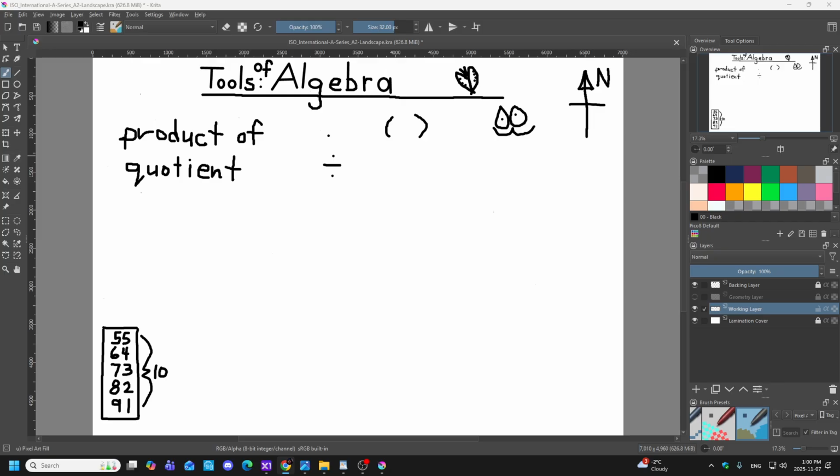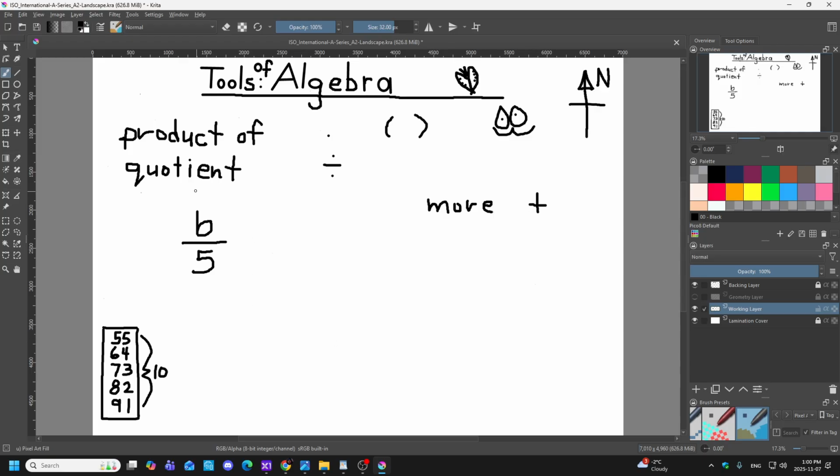Bear with me. Okay. All right, let me continue. 9 more than the quotient of b and 5. So I can assume that b is going to be our numerator and 5 is our denominator. 9 more, recall, more is addition.